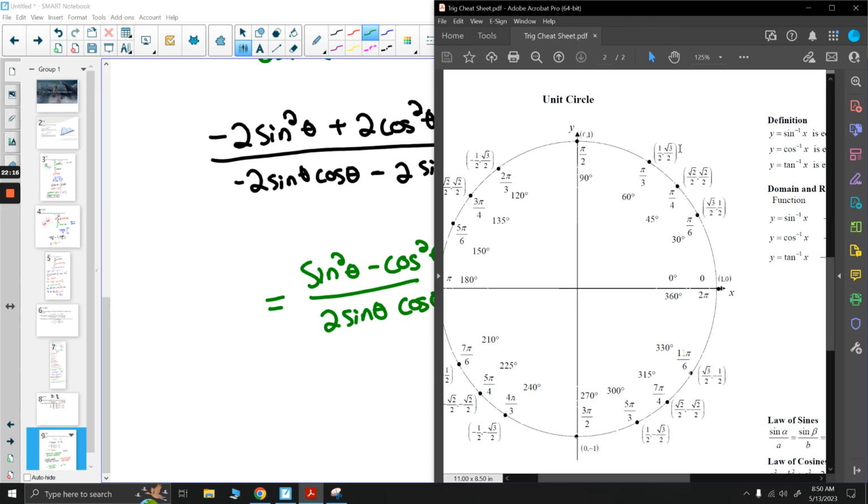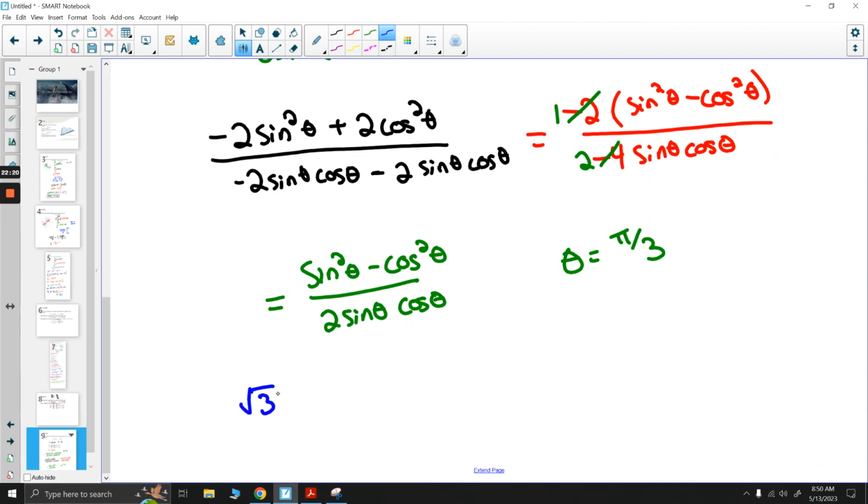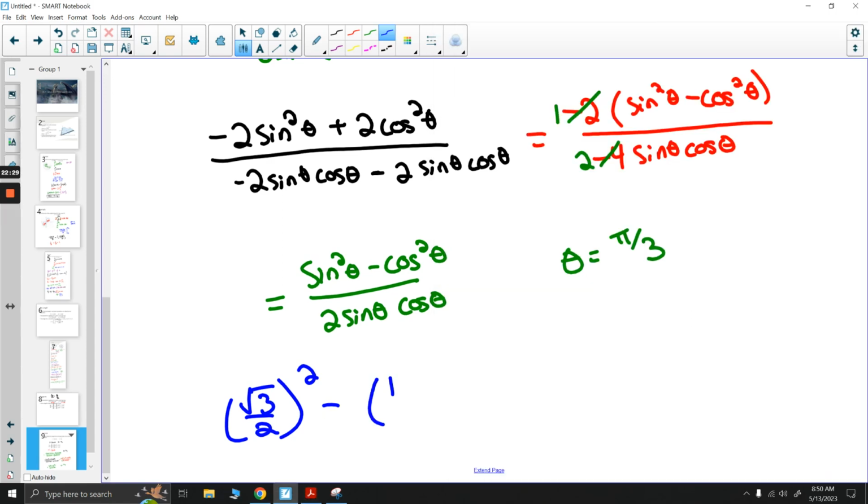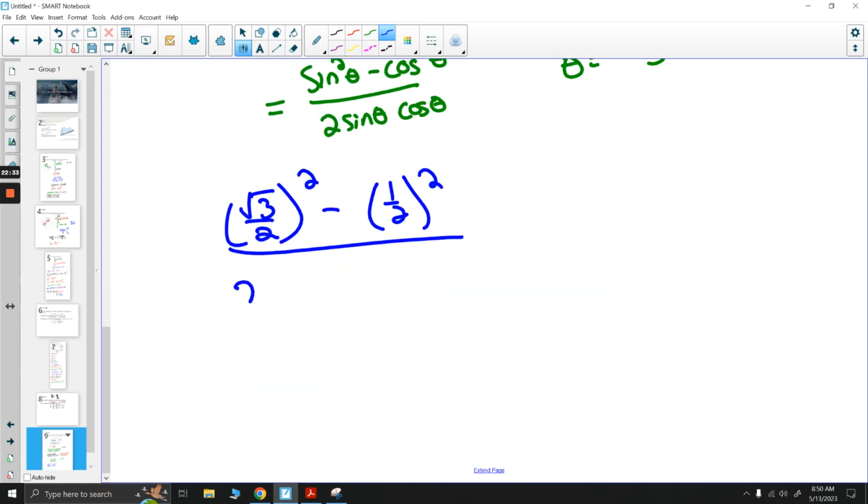Sine is square root 3 over 2, squared, minus our cosine squared of that thing. Cosine is 1/2, squared, over 2 times our sine, which was square root 3 over 2, times our cosine, 1/2.